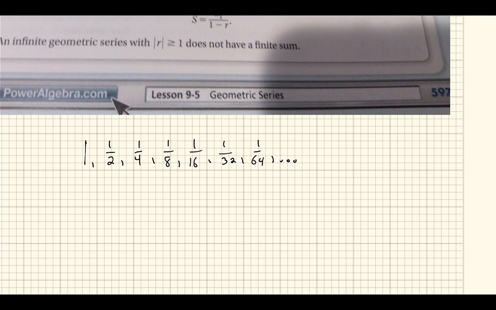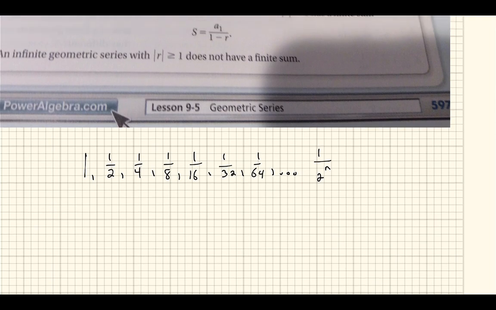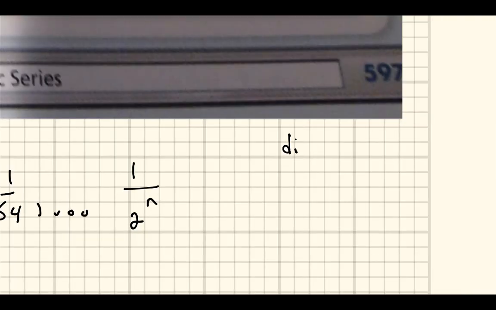Technically, this is 1 over 2 to the n power. So this series actually converges and it has a definite sum, even though you're adding an infinite amount of numbers to it. The term is called converges. Let me write those two terms down so you see them. Diverges and converges.